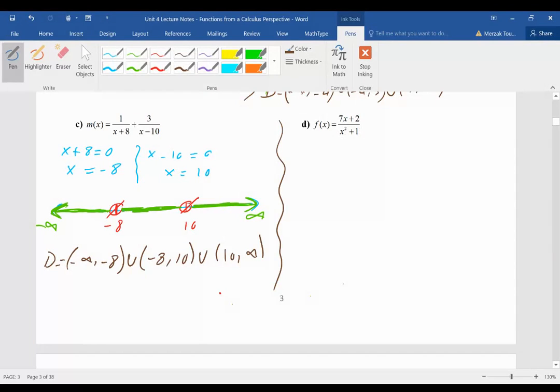A positive plus a positive is a positive. So how can I get a 0 by adding two positive numbers? That's not possible. To get a 0 with addition, one number has to be positive and one number has to be negative, otherwise you cannot get a 0.